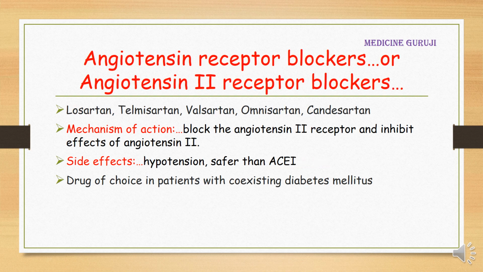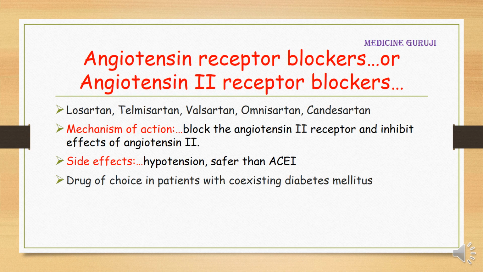Now another very important class of drug, very much in demand nowadays, angiotensin receptor blockers or angiotensin 2 receptor blockers by the famous name telmisartan, losartan, valsartan, olmesartan और कैंडेसार्टन. इनका मैकेनिज्म ऑफ एक्शन क्या होता है? ये block the angiotensin 2 receptor and inhibit effects of angiotensin 2.